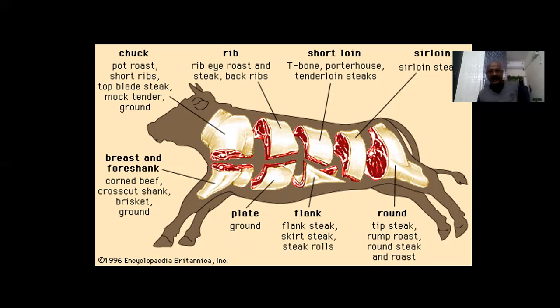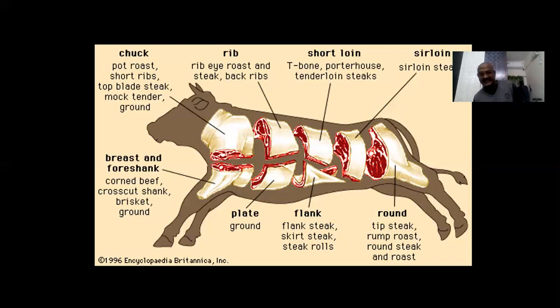Rib: ribeye roast and steak, back ribs. These are the retail cuts that come from the rib. Rib is always on the side of the animal. Short loin: T-bone, porterhouse, and tenderloin steaks come from the short loin. Short loin is always the center part of the animal, above the ribs.